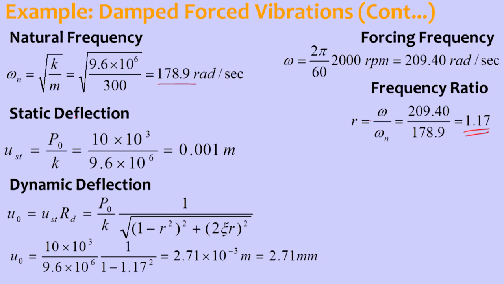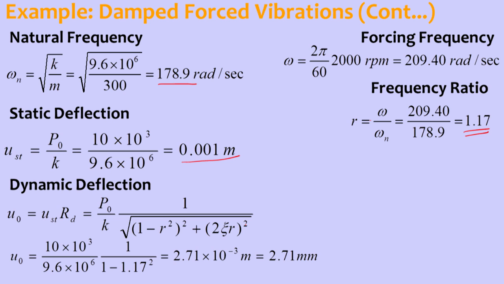Now if we find the static deflection, which is P naught by k, that is equal to 10 into 10 to the power of 3 divided by 9.6 into 10 to the power of 6, that gives us 0.001 meter, which is 1 millimeter. Then the dynamic deflection U is equal to U st, the static deflection component, multiplied by the dynamic amplification factor.